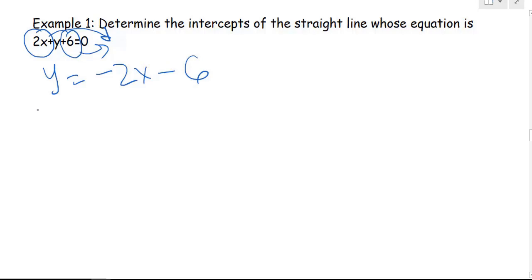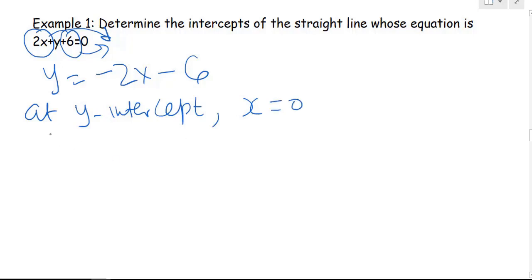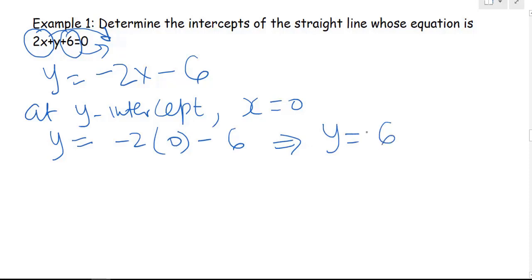And then we realize that at the y-intercept, we have said that x equals 0. Thus, y equals minus 2 multiplied by 0 minus 6, and this tells us that y equals minus 6. Therefore, the y-intercept is at the point (0, minus 6).